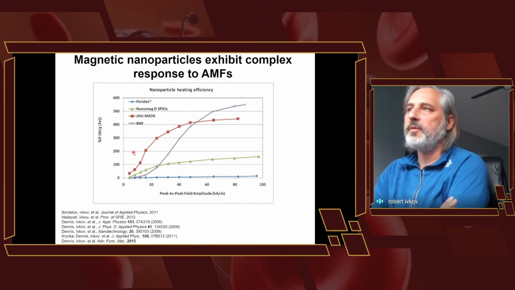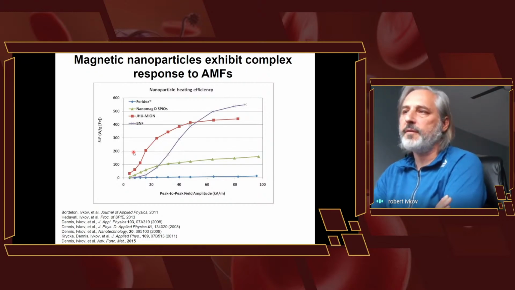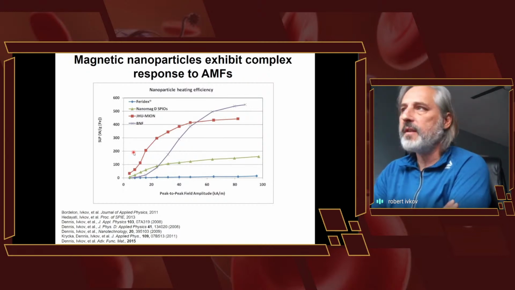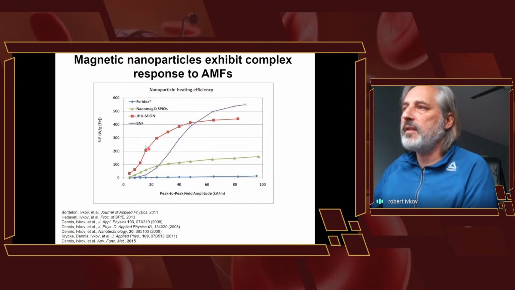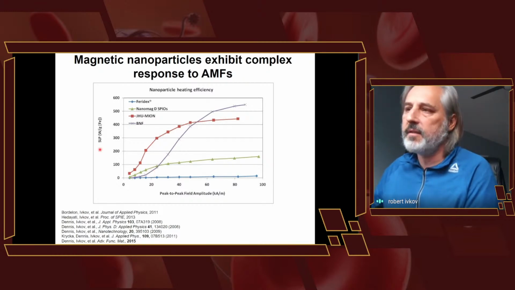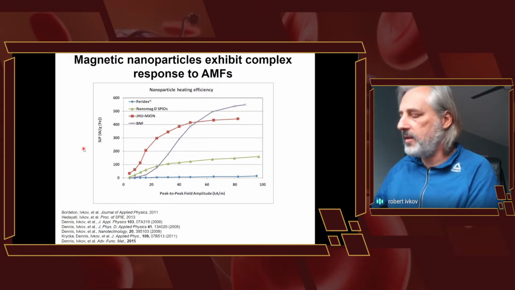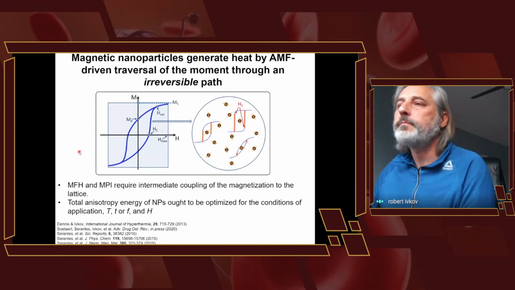One of the things that I've been working on for probably more than a decade now is really digging into and characterizing the nature of the nanoparticles, of their magnetic properties, that gives rise to this difference. And then here's a series of publications on this.